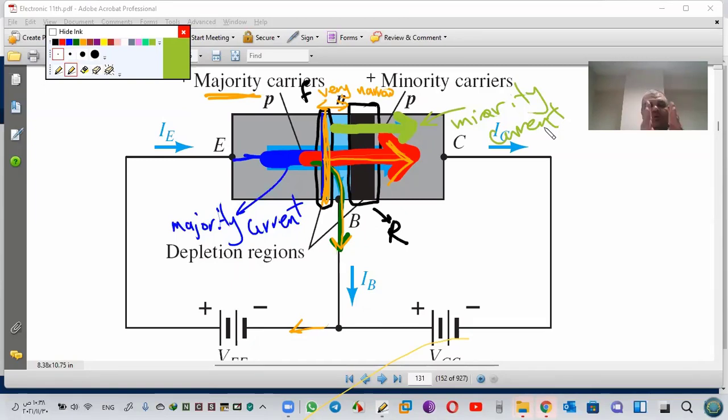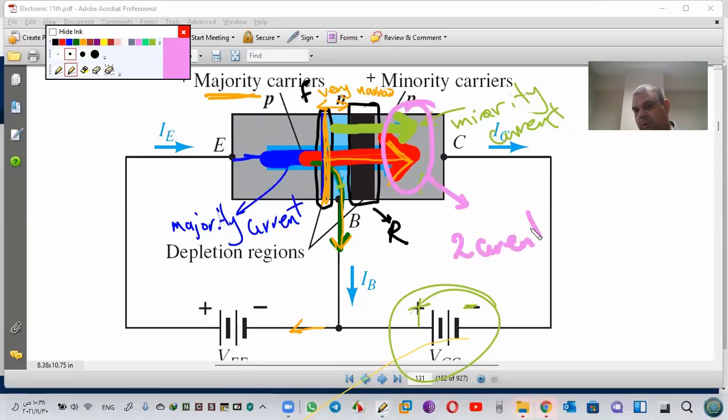And we will arrive to B, because B is also very small, we can skip it and continue to the collector. And we have minority current based on reverse bias. This is reverse bias, see? Positive with negative, negative with positive. So we have minority current on the collector. So on the collector we have two currents, majority and minority.